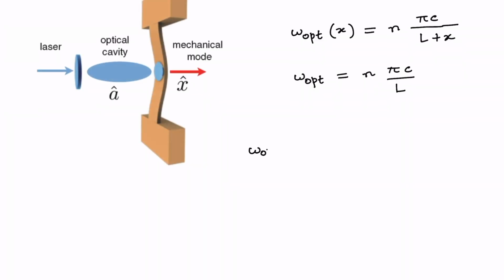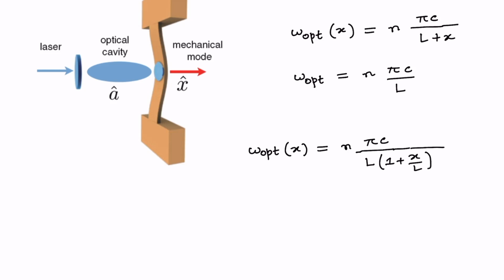In fact, if the distance is very small, I can express omega optical as a function of x in this form, n pi c by L. If I take L common in the denominator, then I have 1 plus x by L.